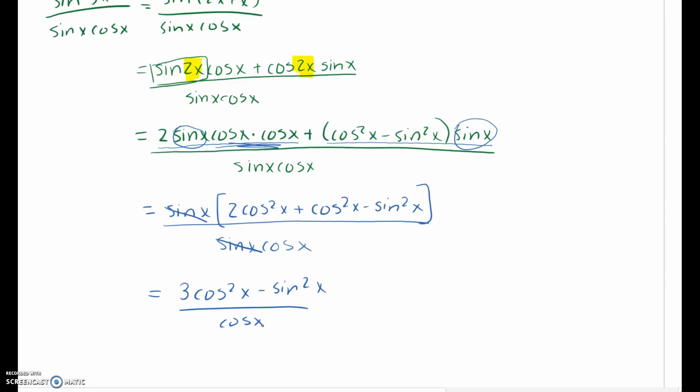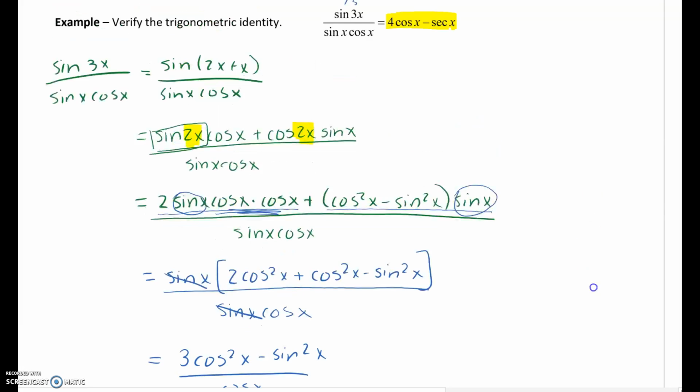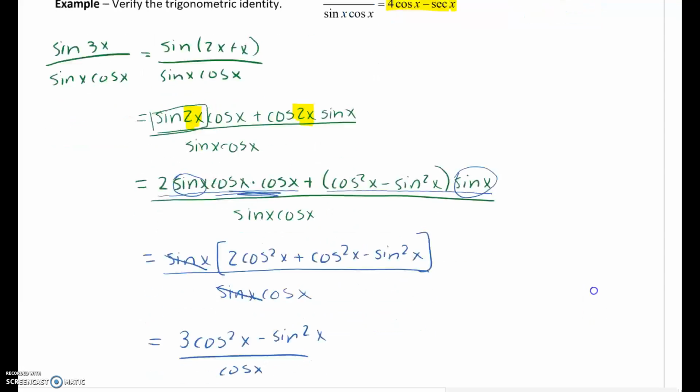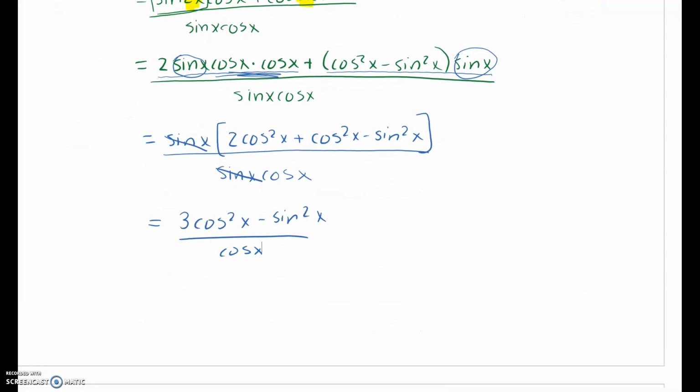Now, like I had just said, I think I'm supposed to have 4 of them. If you look at our answer up here, it has 4 cosine x. So I'm going to need 4 cosine squared x's to cancel off with that. So I can rewrite sine squared as a cosine, right? I have this formula, sine squared plus cosine squared equals 1. Oh, I just have a couple more minutes. So sine squared is going to equal 1 minus cosine squared x.